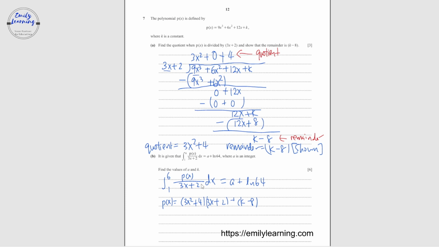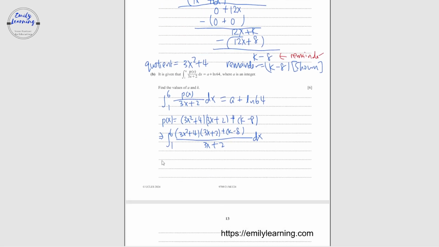I'm going to write it this way because I do want to cancel away this 3x plus 2. So I will write it as the integral from 1 to 6 of (3x squared plus 4)(3x plus 2) plus k minus 8 over 3x plus 2 dx. Okay, let's continue.